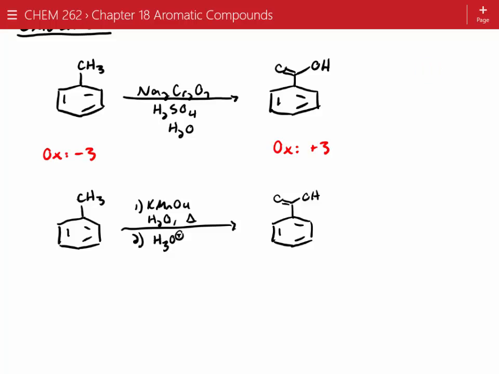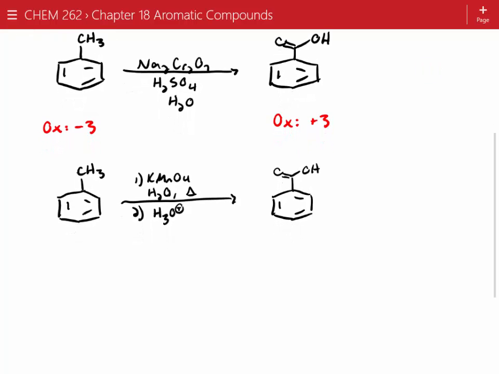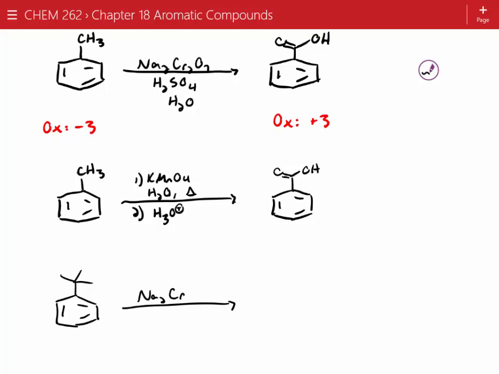All right, let's take a look at another oxidation reaction. What if we have a tert-butyl group? And I react this with Cr2O7, sulfuric acid, and water.